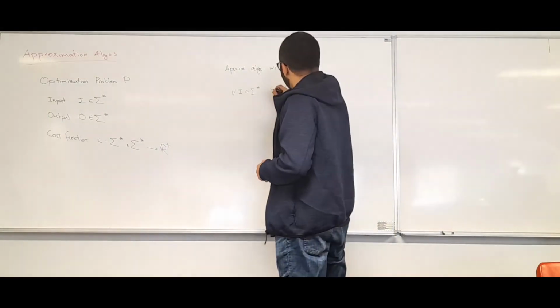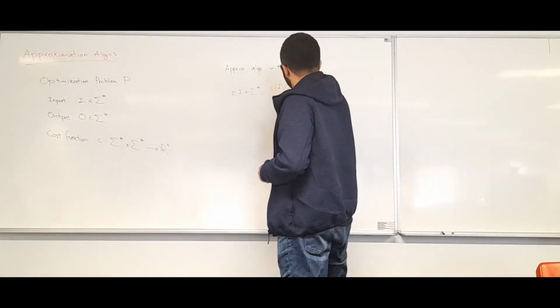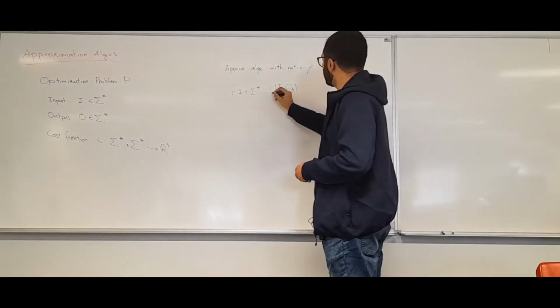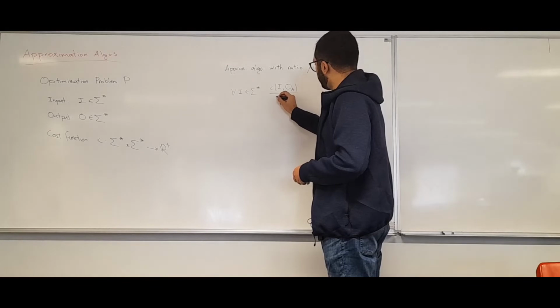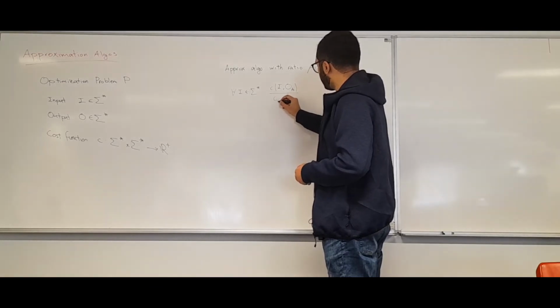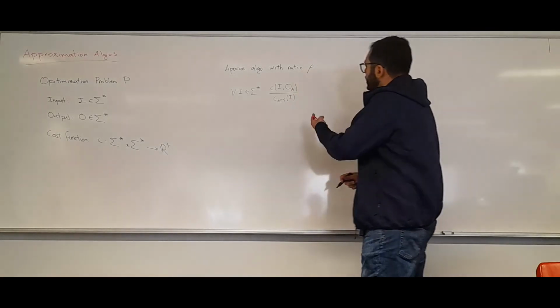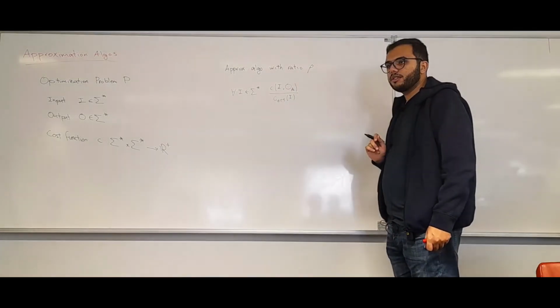So the cost of the output created by A over this input, divided by the optimal cost, I want this thing to be at most rho.